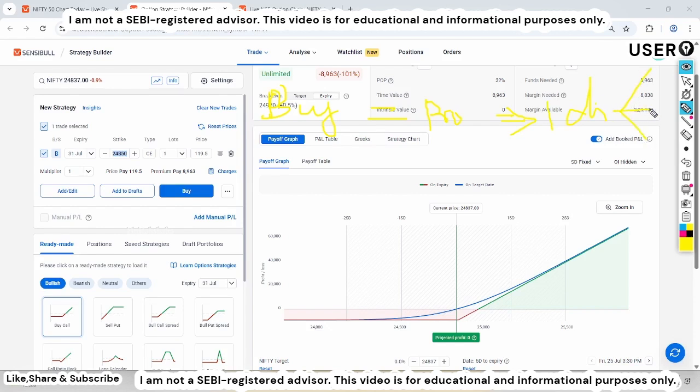If you take a position that the market will go up, then only if it goes up will you be in a profit. If it goes slowly, then you will be in a loss. But in the case of sellers, what is the advantage? For an example, you take a position of PE sell. PE sell means the market should go up, right? So the market should go up. If the market goes up, then you will be in a profit.